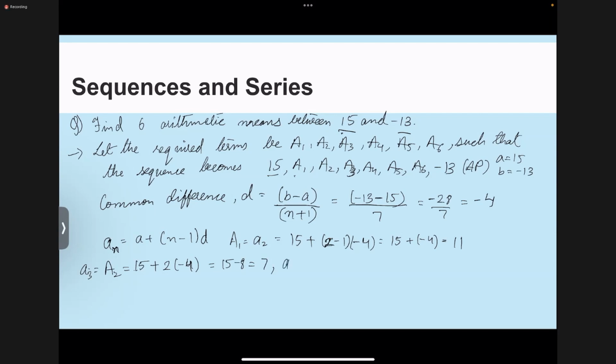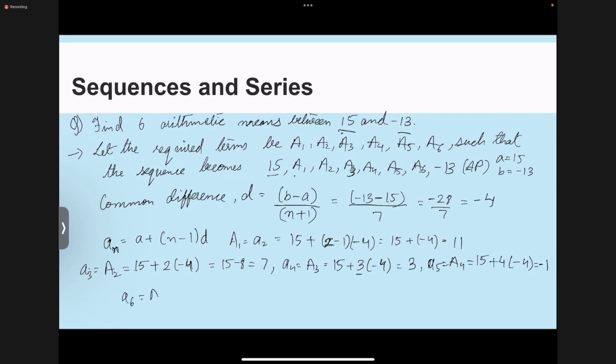A3, the fourth term: 15 plus 3 into minus 4, which is minus 12, so this is going to be 3. A4, the fifth term, is 15 plus 4 into minus 4, that is 15 minus 16, which is minus 1.